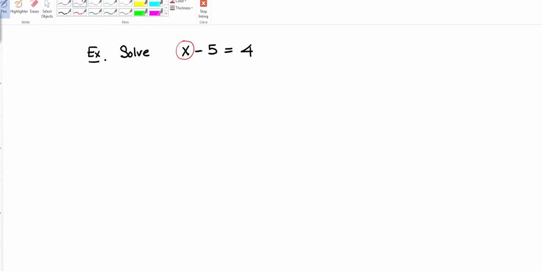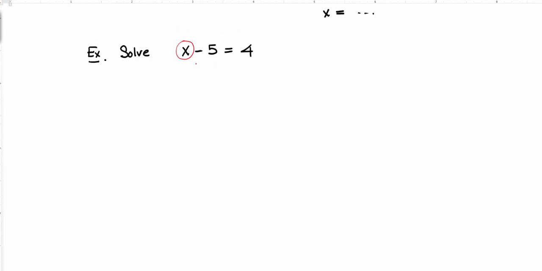So somehow I need to get rid of this minus 5. Well, if I use my addition property of equality, if I add 5, which is the opposite operation of subtract, it goes to 0. So I'm just going to write plus 5 on the bottom down here.